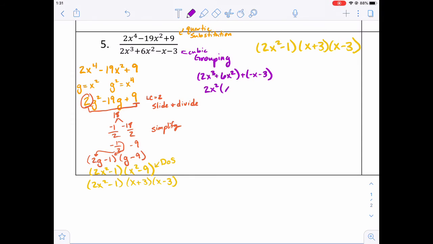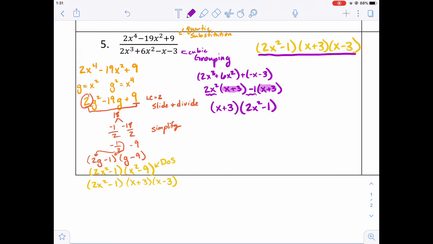When we pull that out, we're left with x plus 3. In our second group, we're going to pull out a negative 1, x plus 3. We got our x plus 3 now as our common binomial. Then we take what's left for our next one, 2x squared minus 1. This is a difference of squares, but 2 is not a perfect square, so we can't factor that at all.